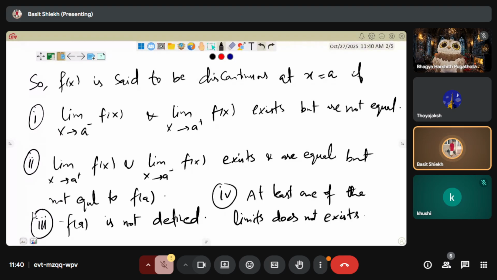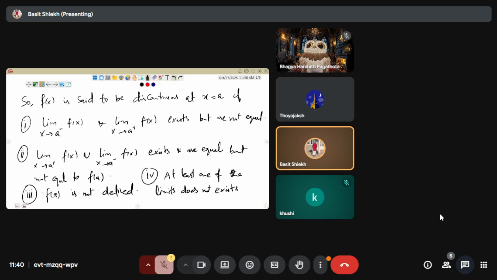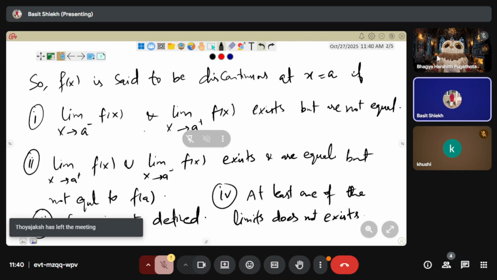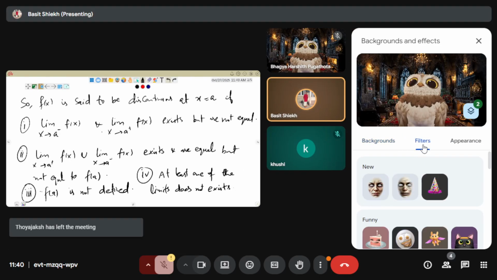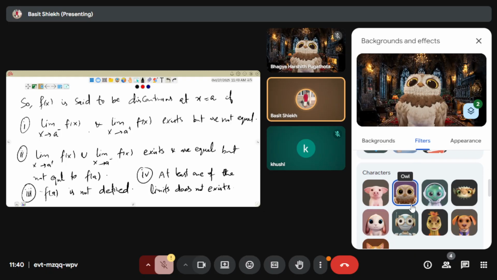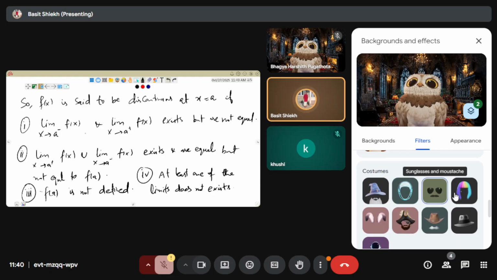First condition is if left hand limit, x going to a minus f of x, and right hand limit, x going to a plus f of x, both exist but are not equal. That means left hand limit is not equal to right hand limit. So we have discontinuity. If limit does not exist, we cannot say function is continuous.